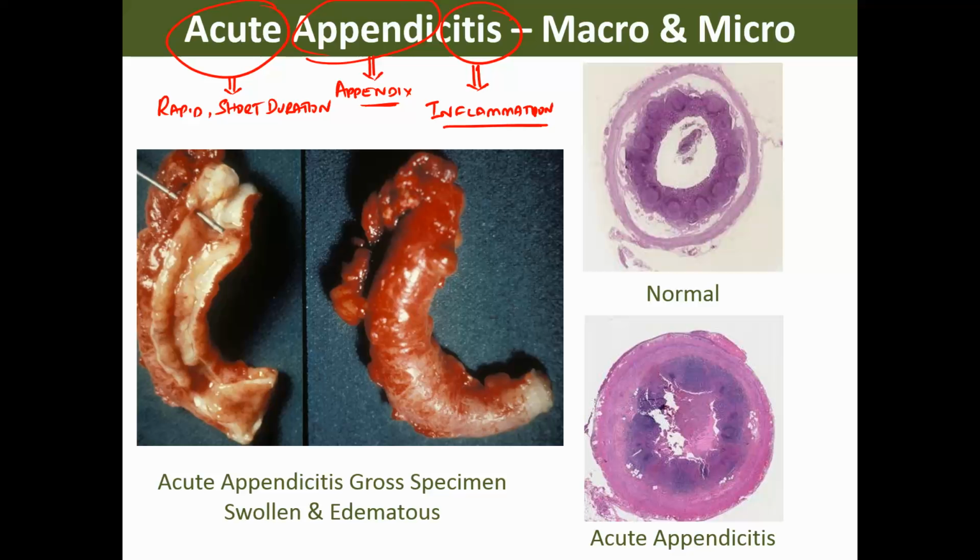And when this appendix gets infected, or most of the times we don't know the cause of the infection, if it goes for inflammation, what is the first step involved in acute inflammation? The first step involved in acute inflammation is vascular changes. What happens in the vascular changes?